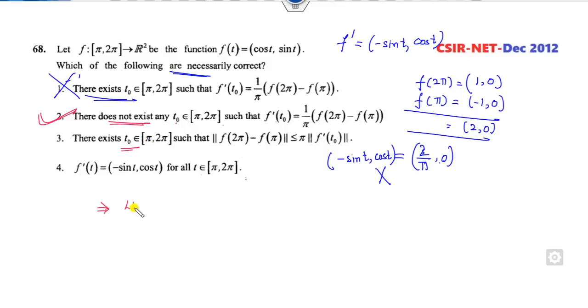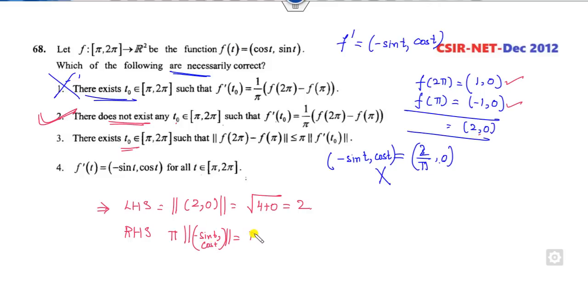So if we start from the left hand side, f of 2 pi minus this will be the norm of (2, 0). So what is the norm of (2, 0)? 4 plus 0 under the root is 2. The left hand side is 2. What is the right hand side? It is pi times the norm of f dash. That will be (minus sin, cos) of this.